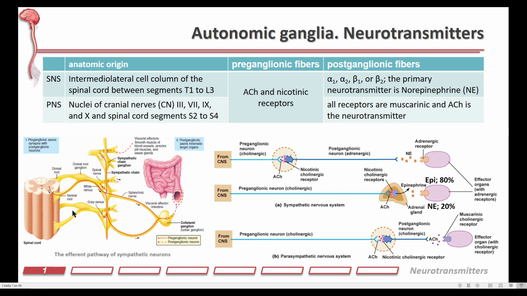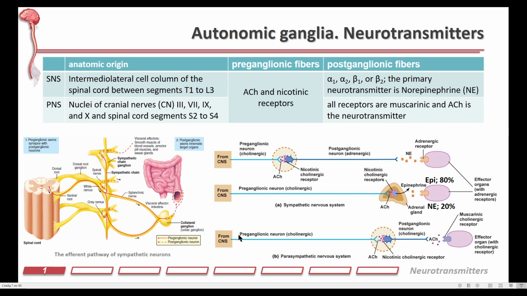But some fibers, as you can see, pass through paravertebral ganglia and then make a synapse in prevertebral ganglia, which are a little bit further away from the spinal cord, and then you have long postganglionic fibers. This is what we have in the sympathetic nervous system.